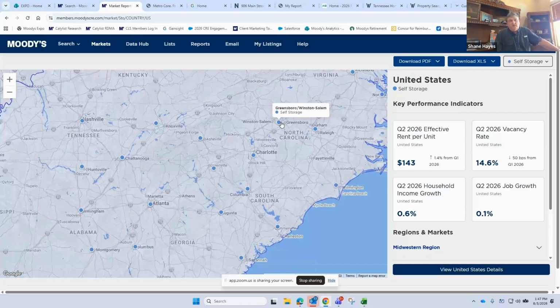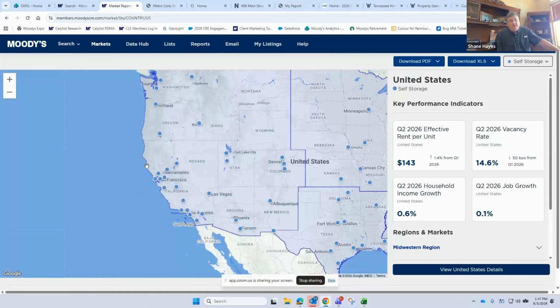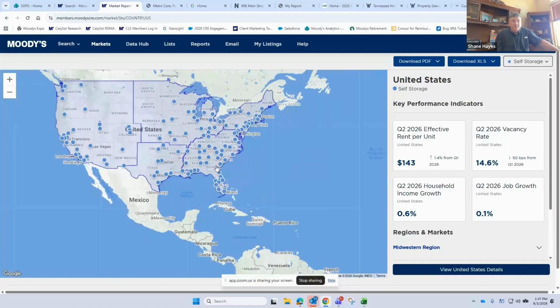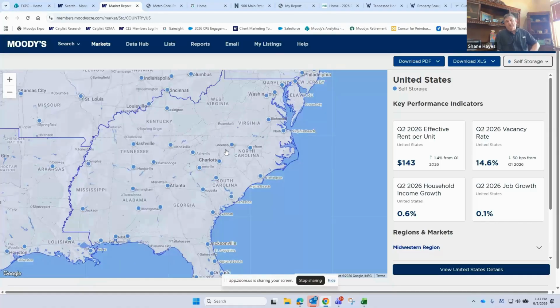So if you want to see, just for giggles, what's happening in California, or New York, or Florida, Miami, whatever, all of these dots are different markets. You can click on any one of them and see what's going on in those markets compared to your area. All of that is available to you.